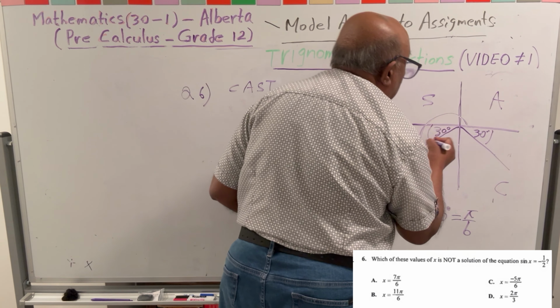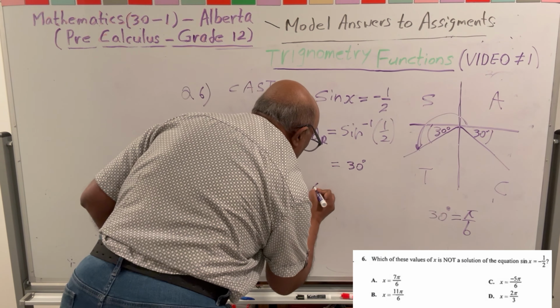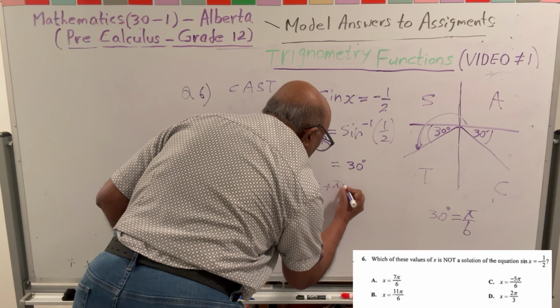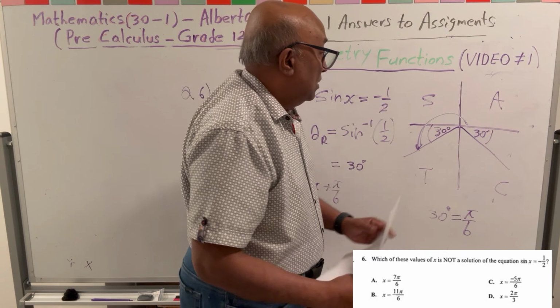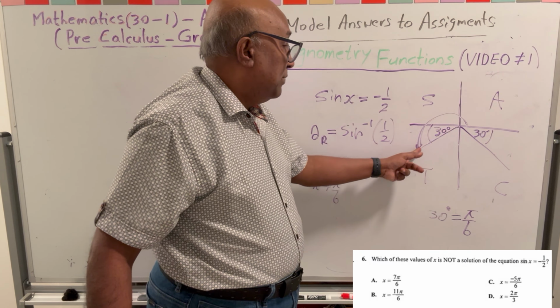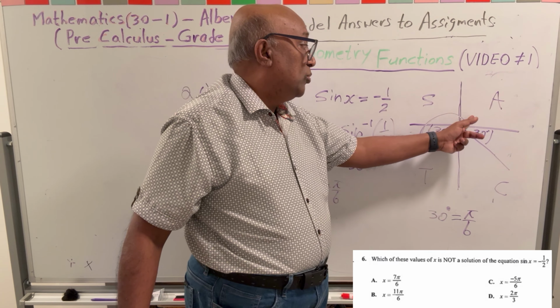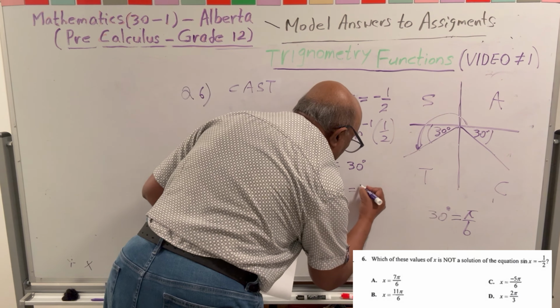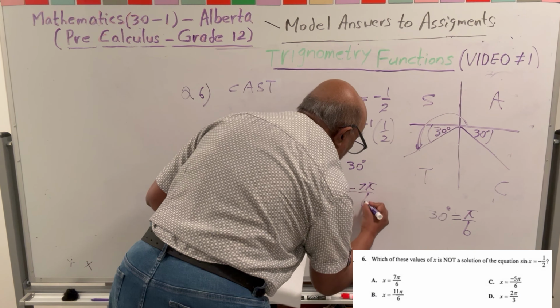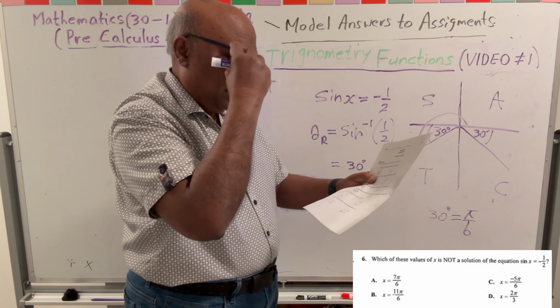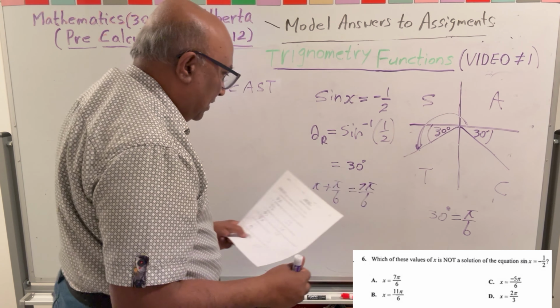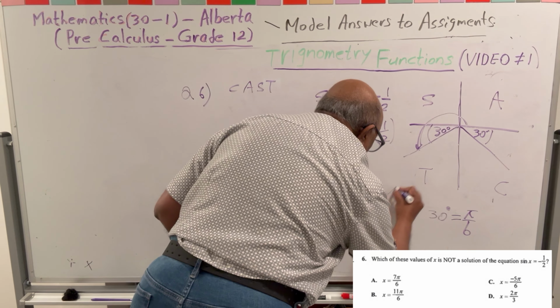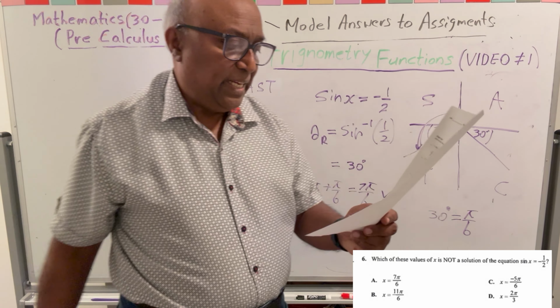What is that angle? I am reading this angle in this way: pi plus pi by 6, that is 7 pi by 6. That is there, no? That means this is right. This is given in option A.